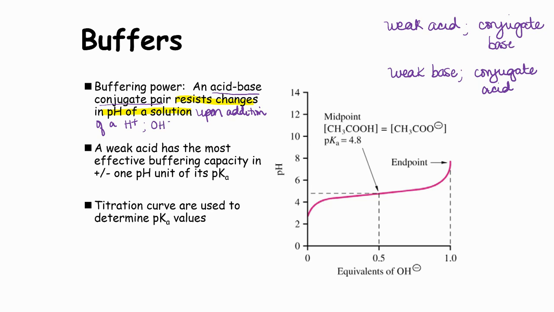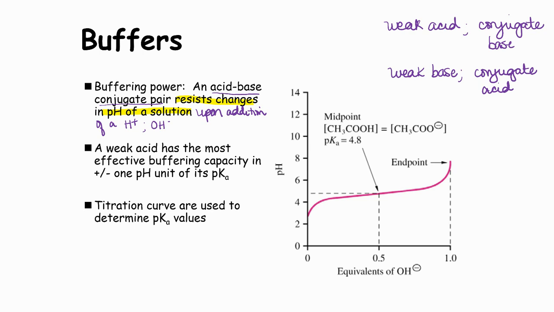And why is this important? As we'll see later, our bloodstream's buffered. We have to keep our bloodstream's pH around 7.4, and that's why the bloodstream has a weak acid and its conjugate base present. But more on that a little bit later.